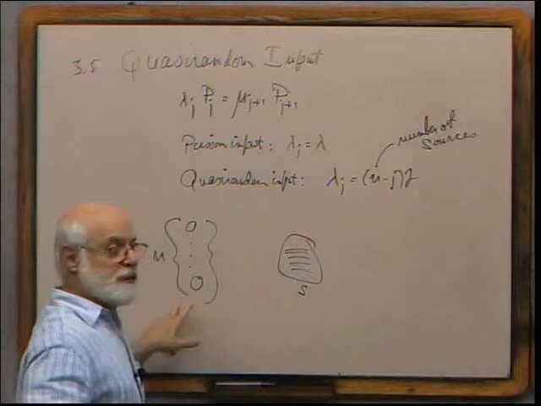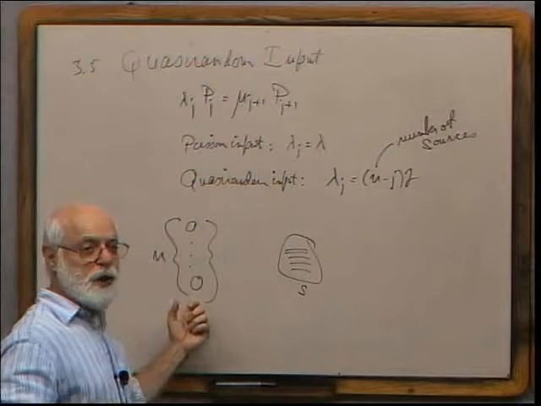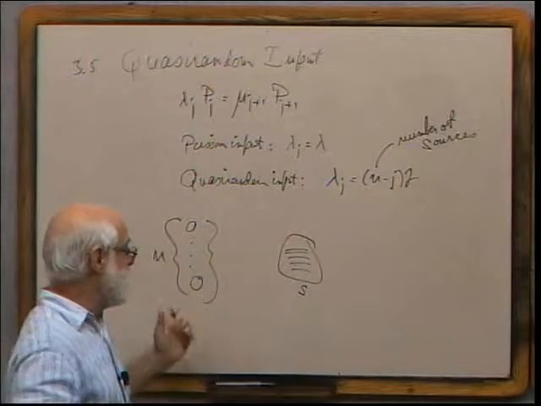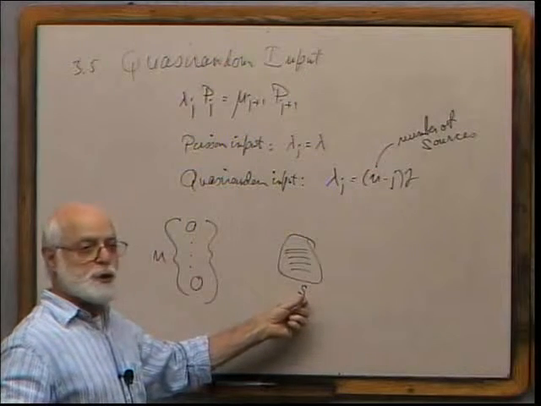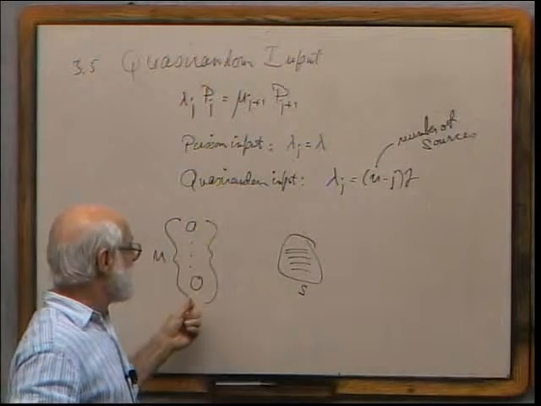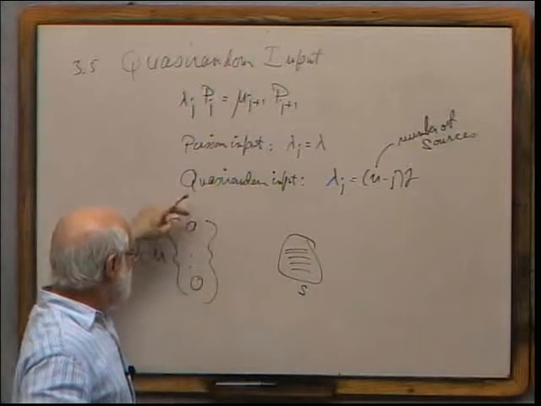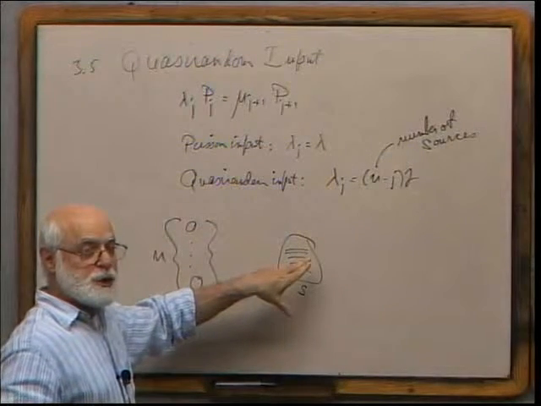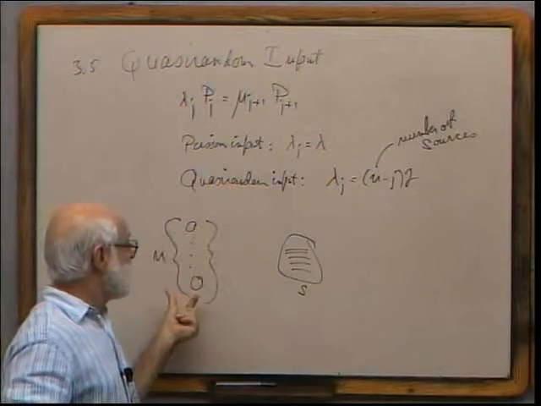In a telephone context, these might be telephone subscribers. They're just phones, sitting there, and there's some number of servers or trunks. I think these would be called lines, and these would be called trunks. And a line wants to be connected to a trunk. And when a line is connected to a trunk, that removes it from the calling population.